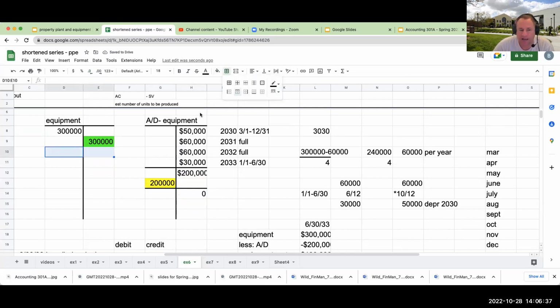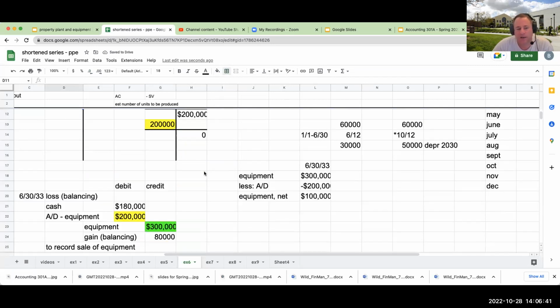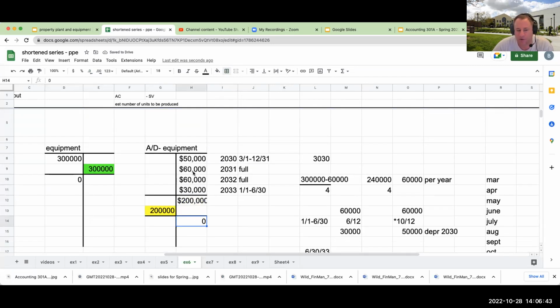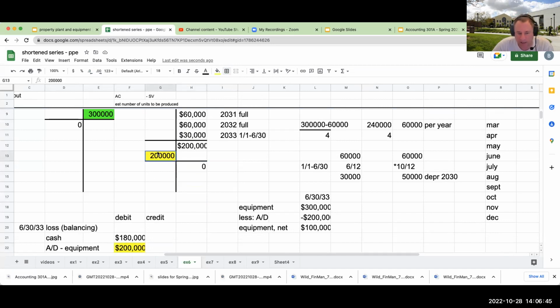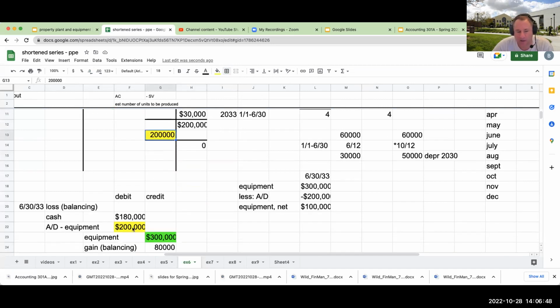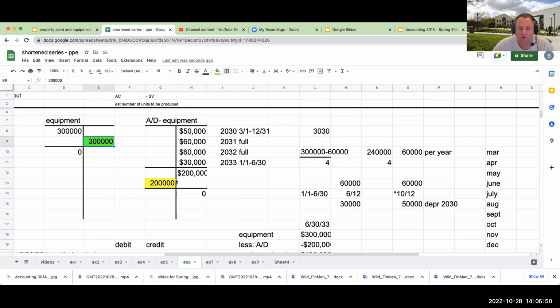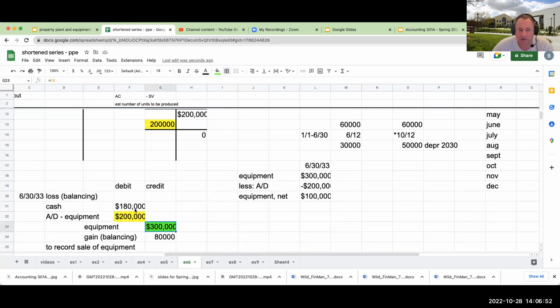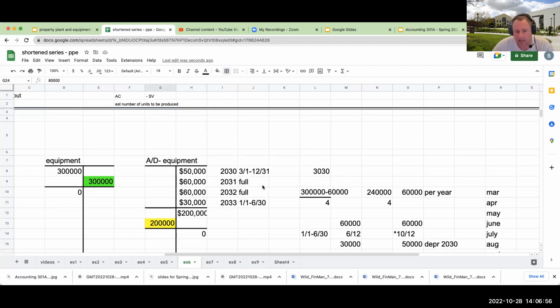When I sell that asset, the equipment and the accumulated depreciation on the equipment have to go down to zero. So I'm debiting accumulated depreciation on the equipment for 200,000. I'm crediting over here the 300,000. I got cash. What do I need to balance? Over here, I've got the gain.